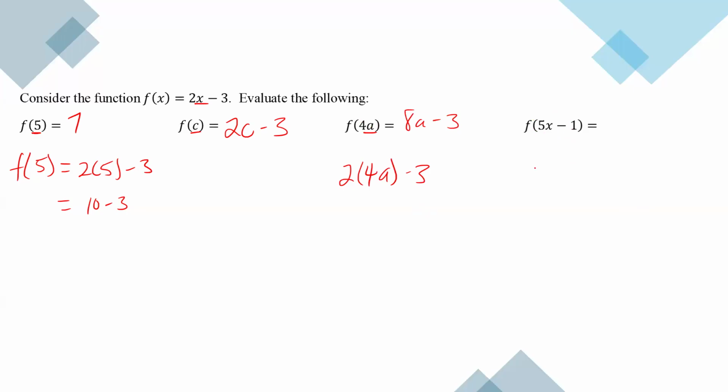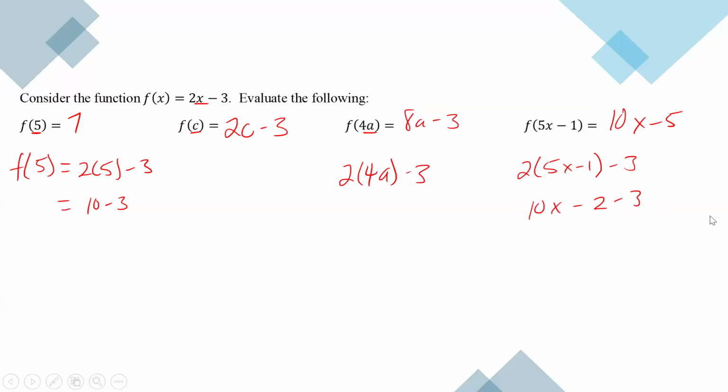So that gives us 2 times 5x minus 1, minus 3. What do I need to do? Distribute: 10x minus 2 minus 3, which gives us 10x minus 5. If you can do this, can you compose? Yes, we can.